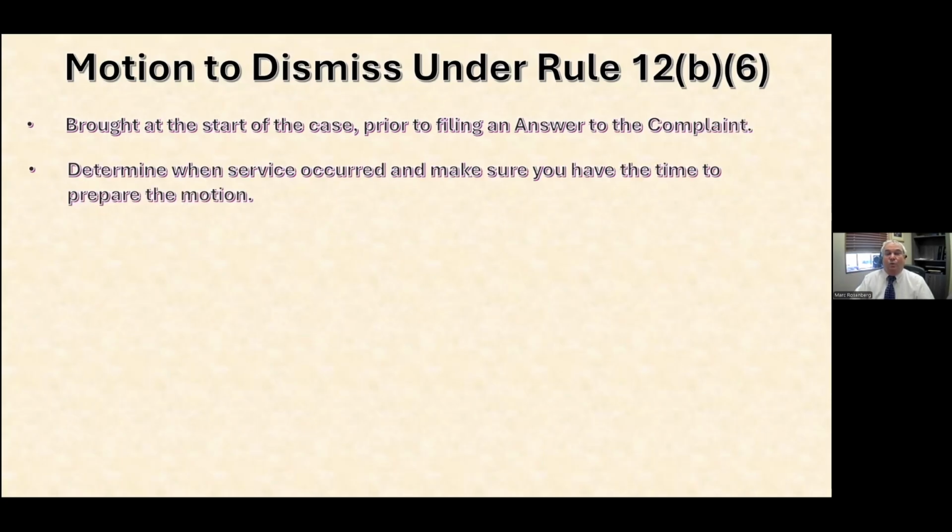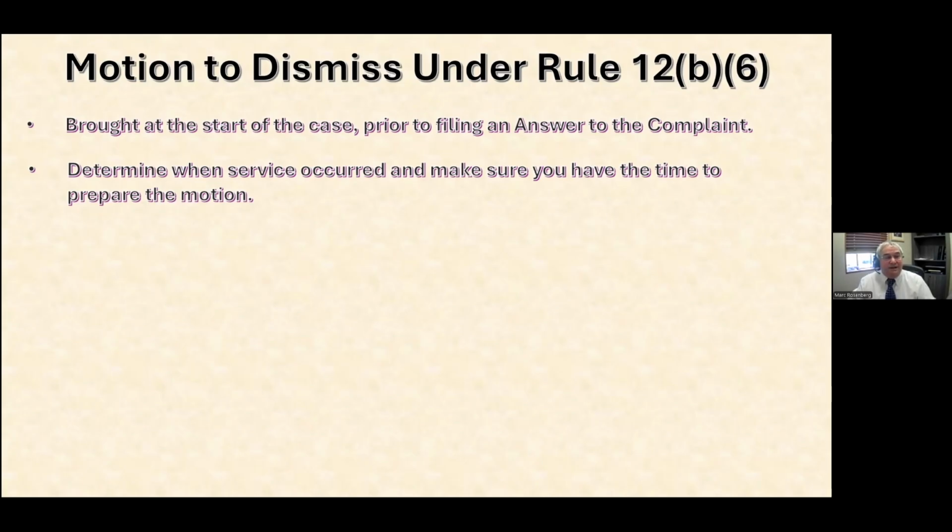And so one thing you're going to want to do when you get a complaint, if you're not the one serving it, is determine when service occurs and make sure you have time to prepare a motion. Generally, you only have 20 days to answer a complaint. And so by the time you get it, it's not a lot of time.